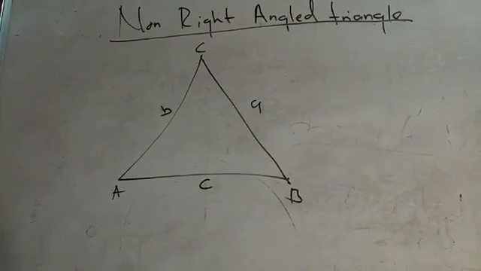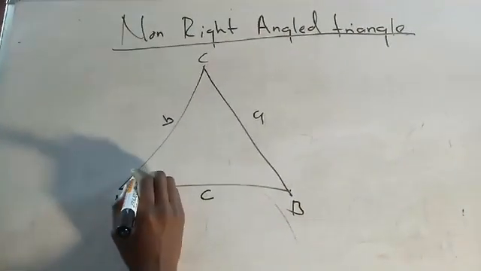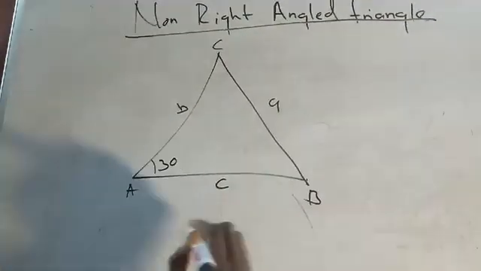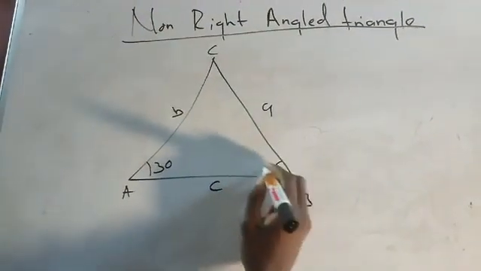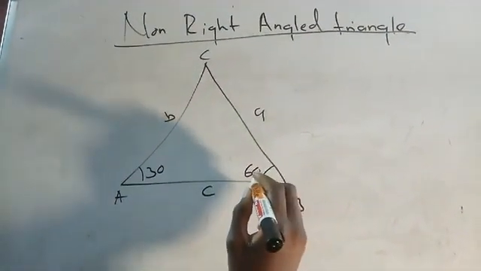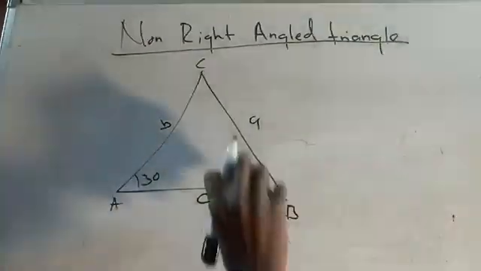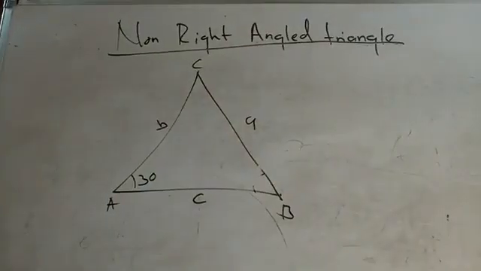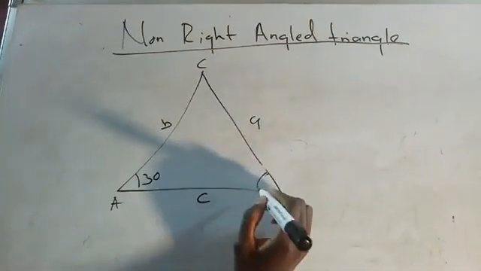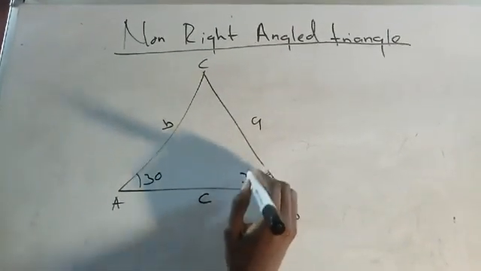degrees. So it may be 30 here and a 60 here. No, 60. It may be like also a 30 here.